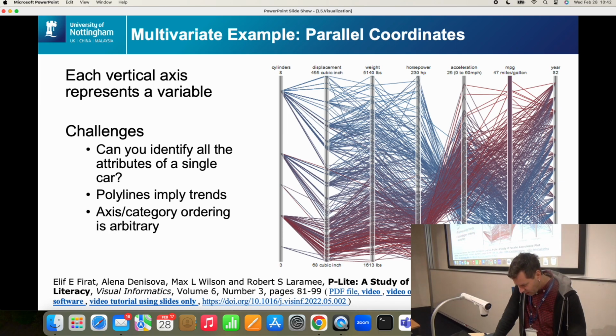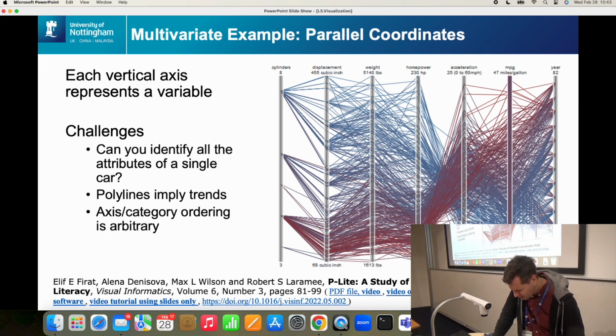Every car is mapped to a polyline, one of these lines that traverses the axes. The axes represent different attributes of the cars, like how many cylinders the car has. Maybe it has 8 cylinders, 6, 4, 2, or 3.